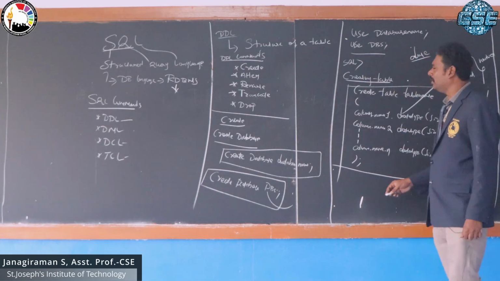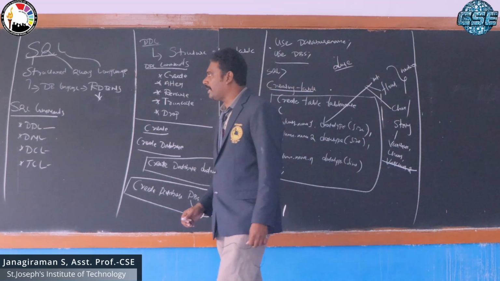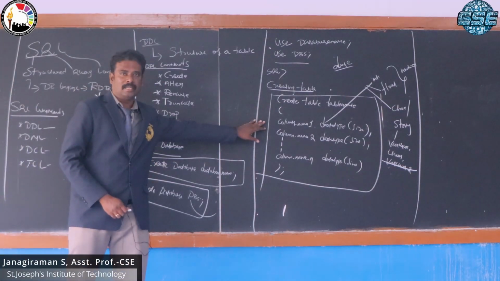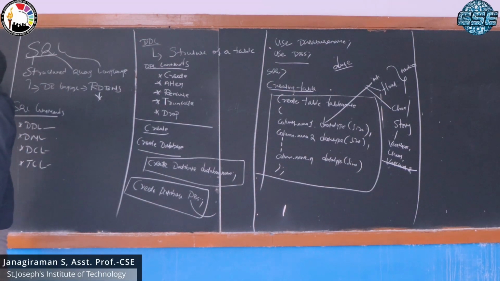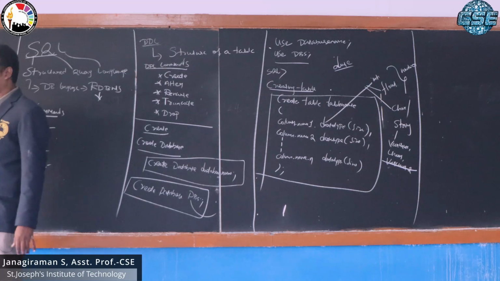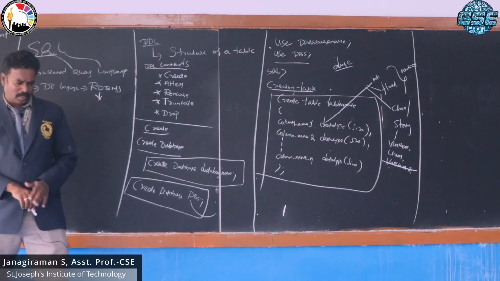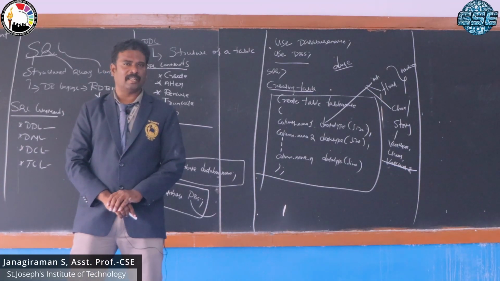Okay, next. Let's see an example. So these are the data types. Let's try to create a table structure using this particular syntax. Let me try to create a table called employee. Or rather, being a student, you can relate to it very easily. So let us create a student table. What are the attributes it may contain?